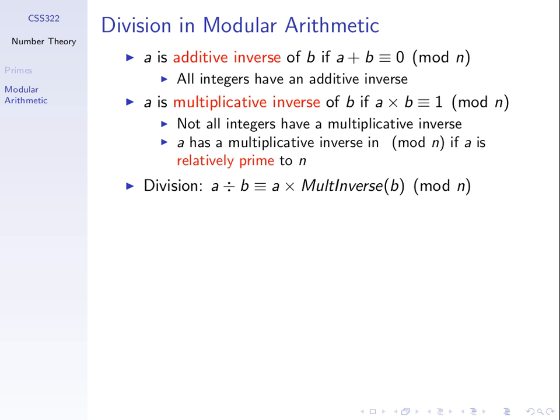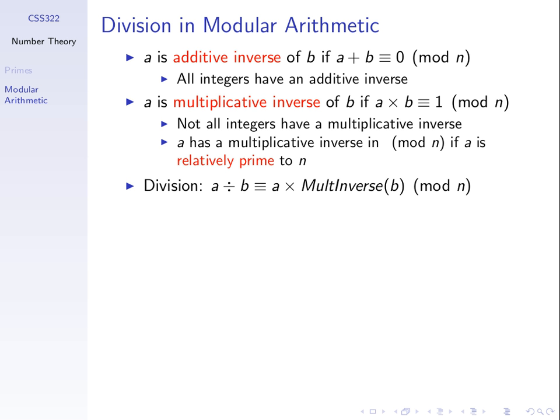So all integers have an additive inverse in mod n. That's true. But not all integers have a multiplicative inverse in mod n. Some integer a has a multiplicative inverse in mod n if a is relatively prime to n. In mod 8, 3 had a multiplicative inverse.